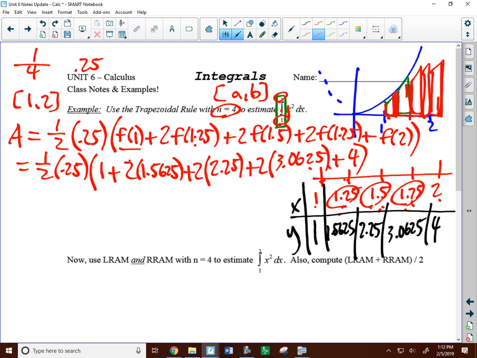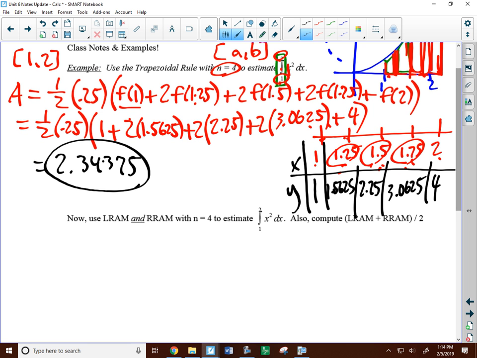At this point, you just put it in your calculator. What do we get? So some of you are still going. Yep, so 2.34375. Right. So you don't want to round it; just give it exact. Correct. Okay.